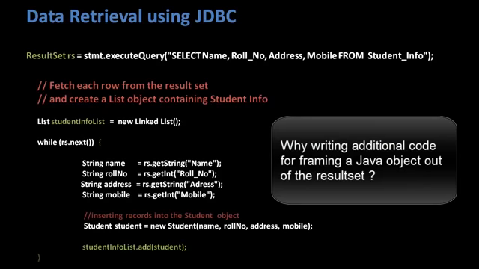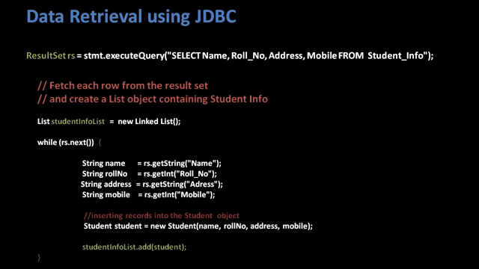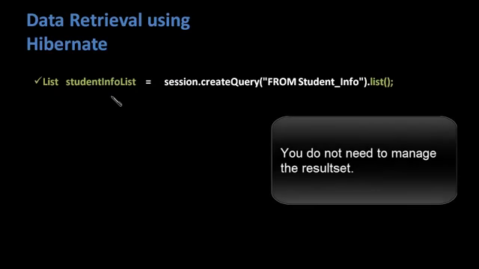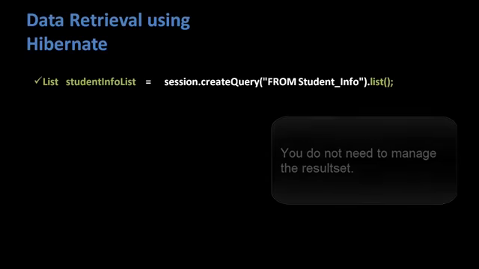Leave that job to me and I will directly give you a collection object or a Java object. So if you are using Hibernate, the same code would look like this. Isn't it great? You do not need to manage the result set at all. Rather than getting a result set, you get a Java object directly containing the DB records.